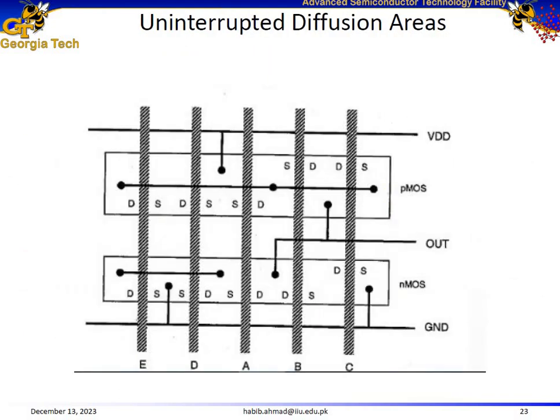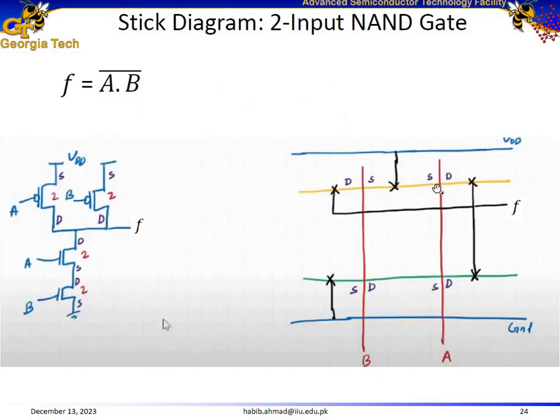For example, consider this example over here. Here we have the source of A and the source of B. They cross each other. They are on the same side of the polysilicon gates, so it means that they make a contact. Similarly, the drain of B and the source of A cross each other, so they actually make a contact.